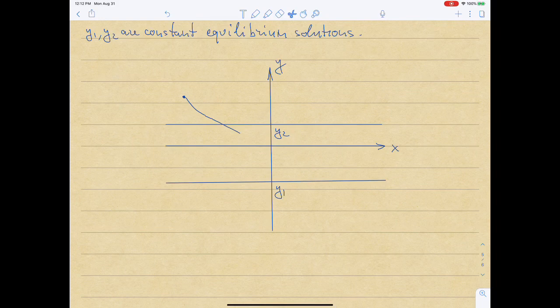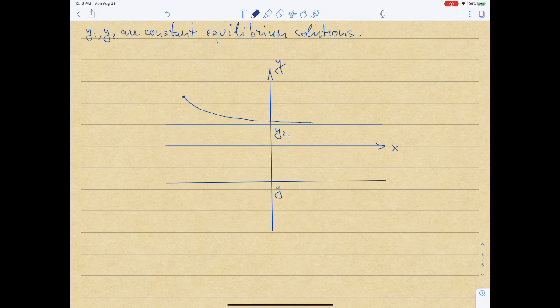So then the only choice for the solution curve to proceed is to go down and then level off, because it cannot change direction, and it cannot pass through y2, so it will have to level off and look like this.